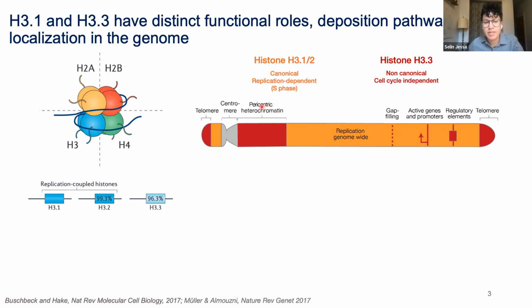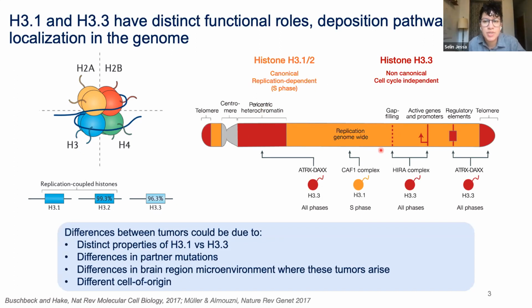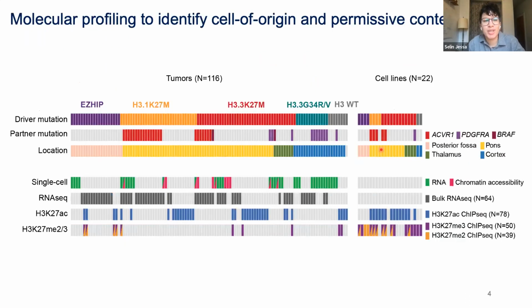These two histone 3 variants also have distinct deposition pathways and patterns of localization in the genome. The differences that we see in the tumors could be due to these distinct functional properties of histone 3.1 versus histone 3.3, but it could also be due to their differences in partner mutations, differences in the brain regions where the tumors arise, or different cell of origin. In this project, we were trying to distinguish between these different possibilities.